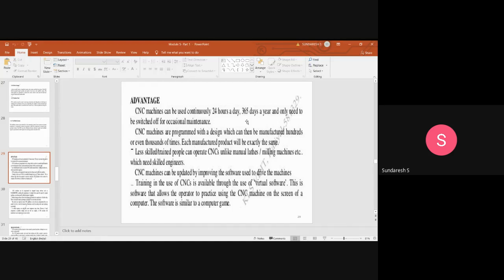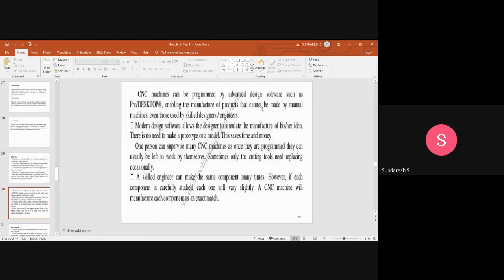CNC machines can be updated by improving the software used to drive the machines. Training in the use of CNCs is available through the use of virtual software. This is software that allows the operator to practice using the CNC machine on a computer screen. The software is similar to a computer game.